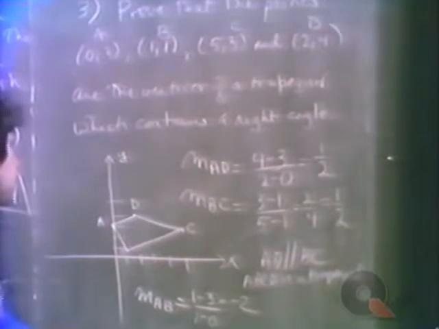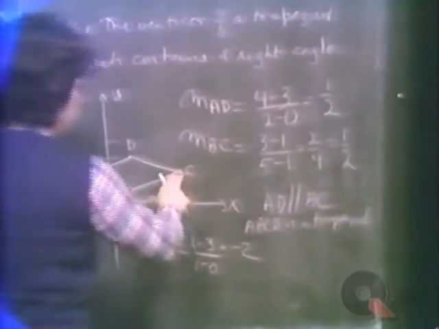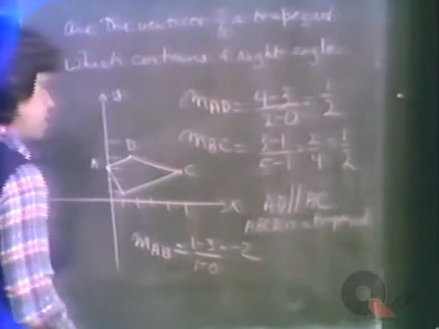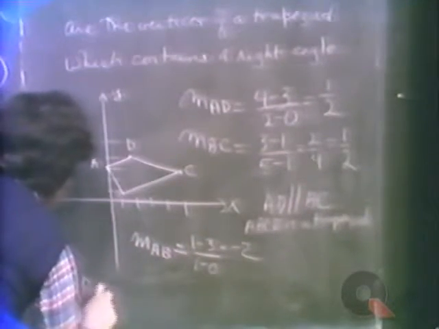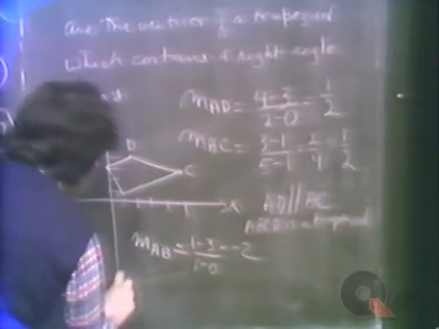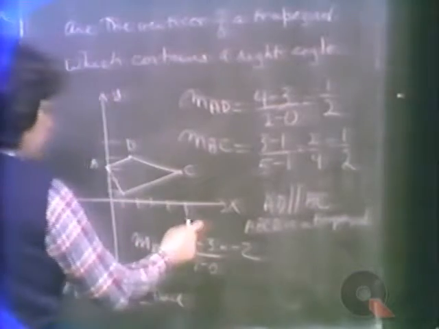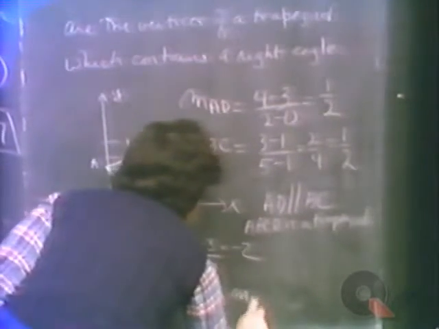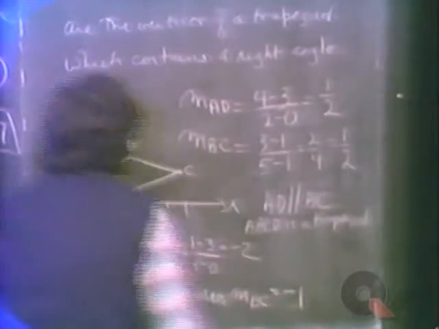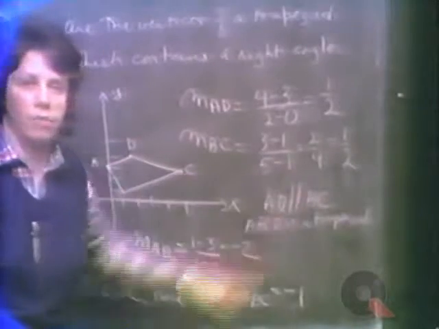All right, since the slope of AB is minus 2 and the slope of BC is 1/2, they are negative reciprocals, so we say that AB must be perpendicular to BC. Since they're negative reciprocals, the product of their slopes is minus 1. Minus 2 times 1/2 gives us minus 1.